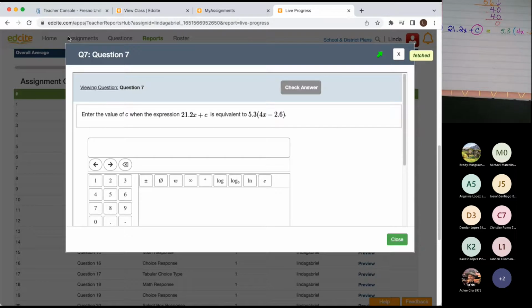Okay, so 4x minus 2.6. I can't do any more math, but I can distribute my 5.3. So that means I'm going to have 5.3, and I'm going to multiply that by 4x.